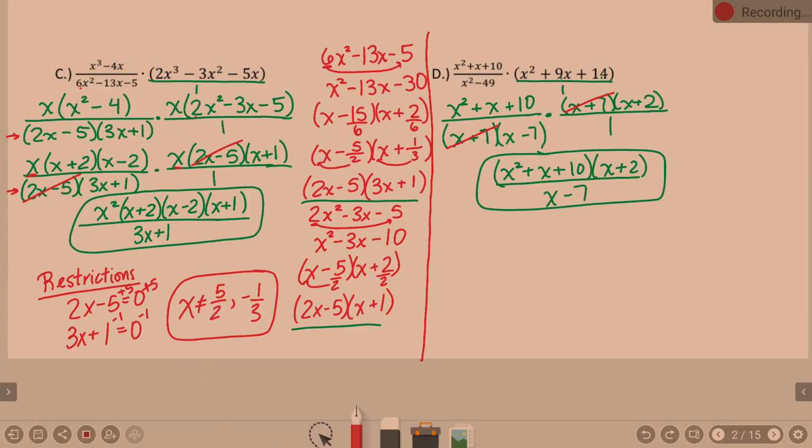And what do you guys remember about restrictions from yesterday? Okay, that is anything that was in the denominator. Any factors in the denominator set equal to 0. So if I use my factored form here, easiest thing to say is x plus 7 and x minus 7.